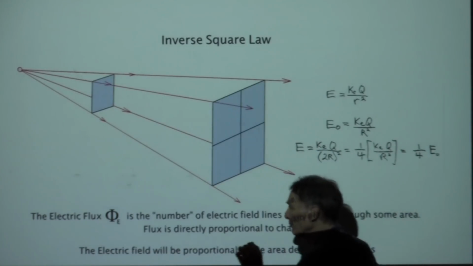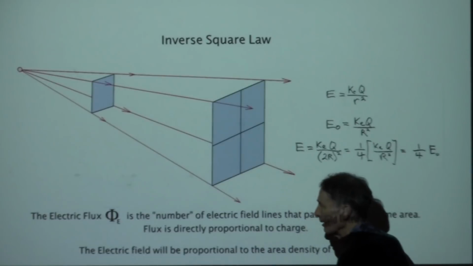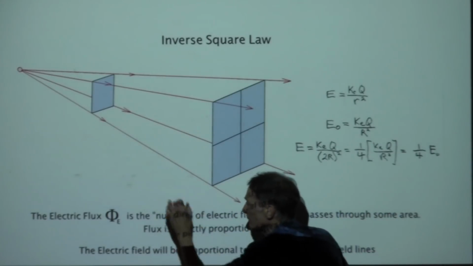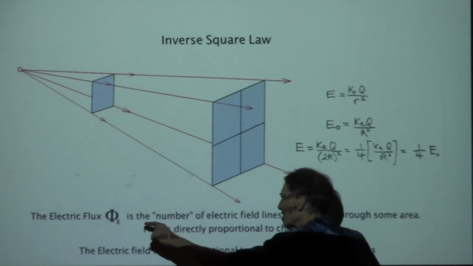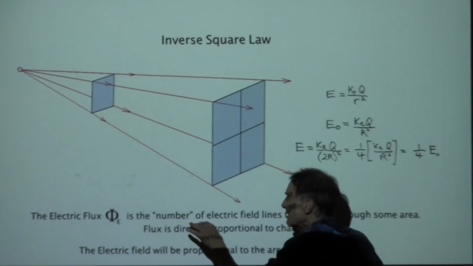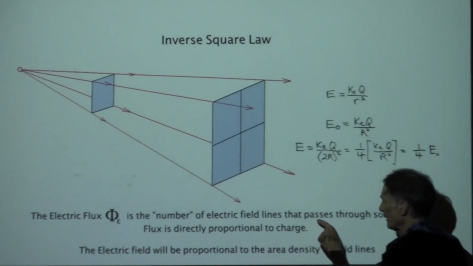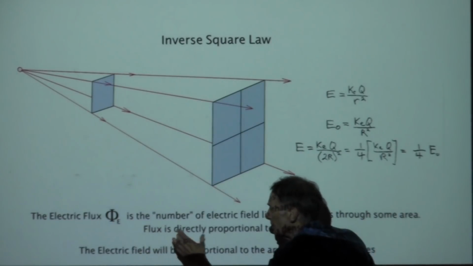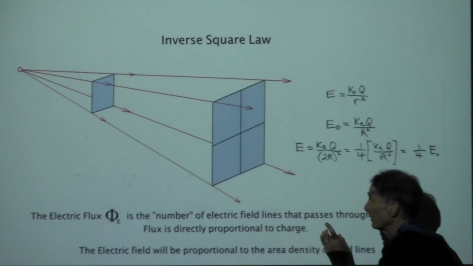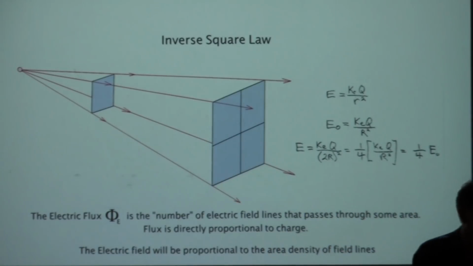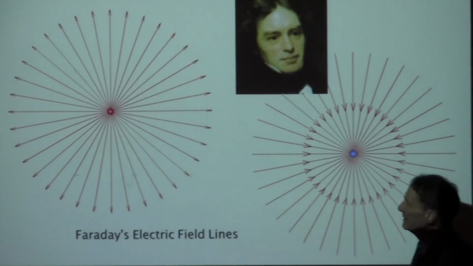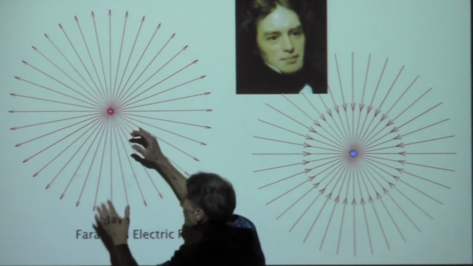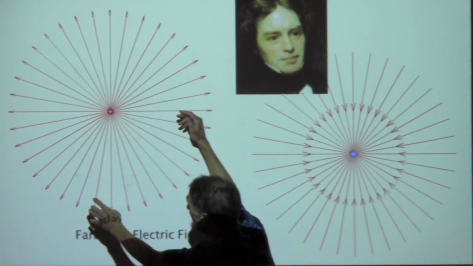Now the idea of the electric field flux, as we're going to call it, are these electric field lines. It is considered that this electric flux is the number of these electric field lines that pass through some area or surface, and that this flux is going to be directly proportional to the charge. If I double the charge, I'm going to double the number of lines that I have here.